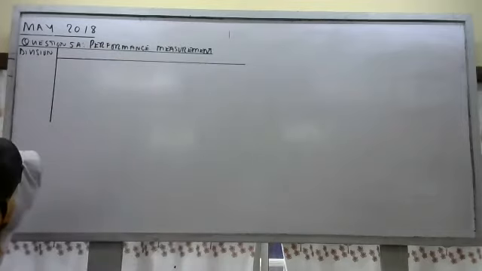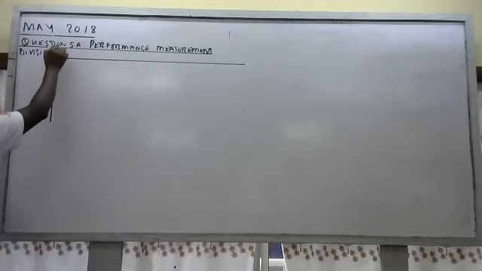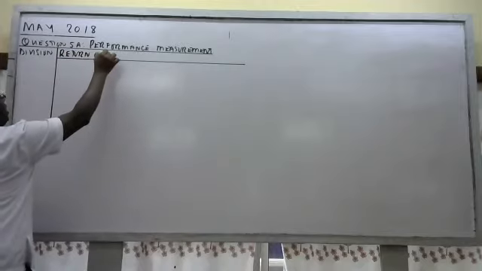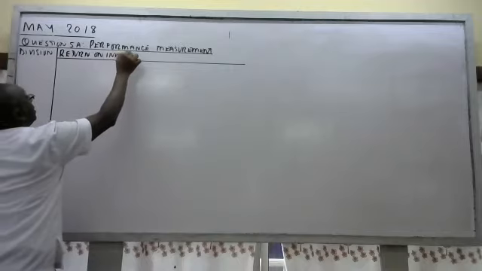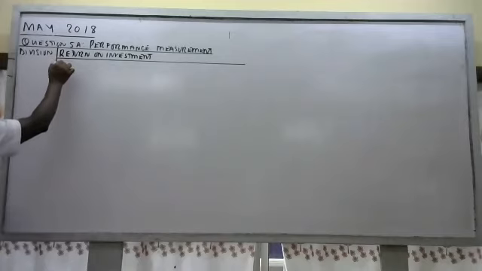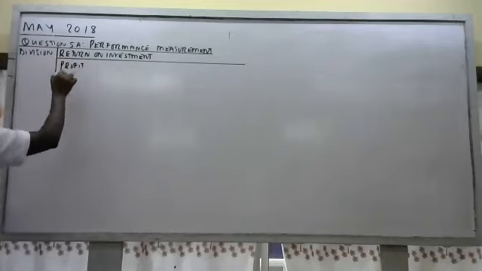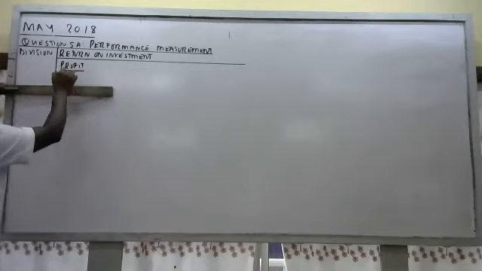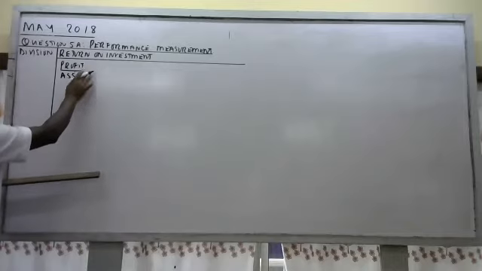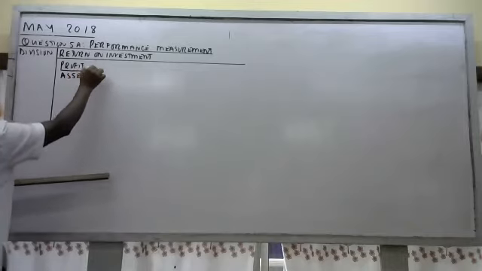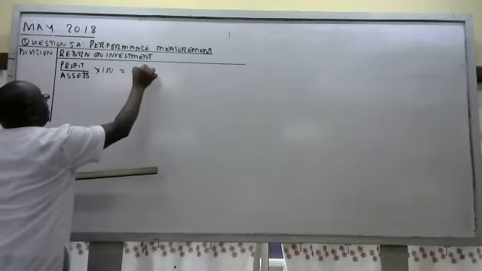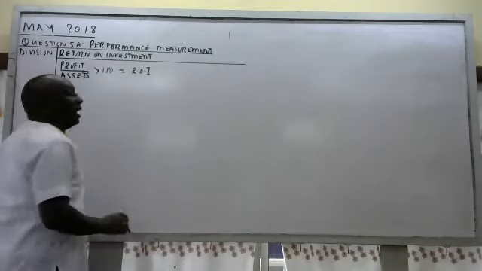So the first requirement is return on investment. And you know, return on investment is given as profit. You divide by assets. You multiply by 100. That is what in brief or in abbreviation we call ROI.